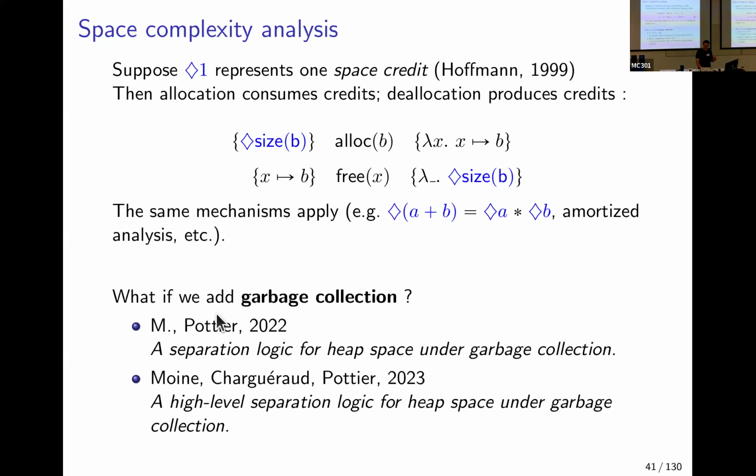So what is more interesting is if you add garbage collection, because then you need to be able to reason about everything that points to things that you have not yet freed yourself. You need to be able to say, I can prove that no one is pointing to this tuple, so that I know the GC will be able to eventually collect it, and I will get back some space credits.